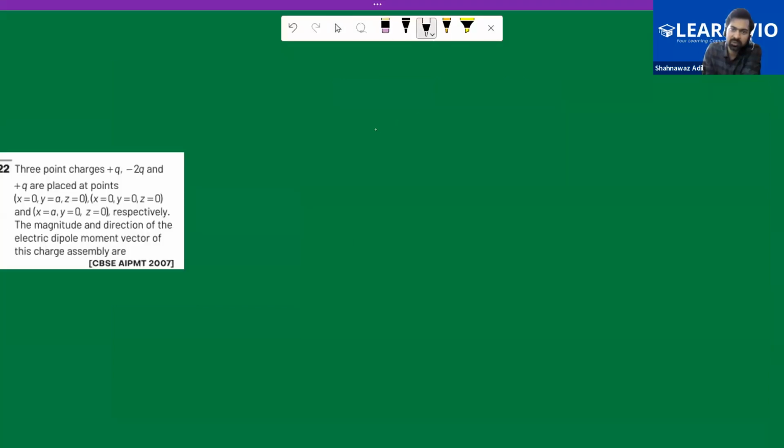We have a dipole, and we know the direction of the dipole is from minus q to plus q. That is the direction of the dipole. If this is the center point and we want to find the electric field at the equatorial point, this is minus kp by r cubed.